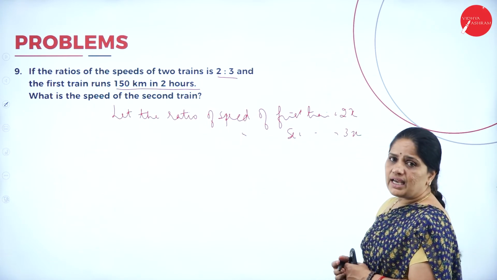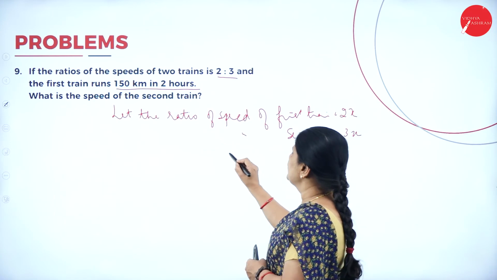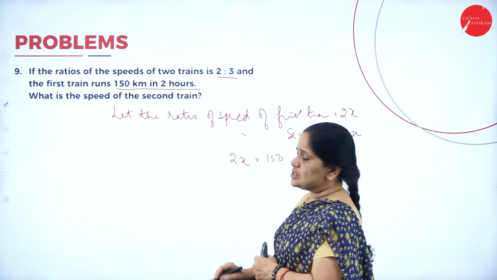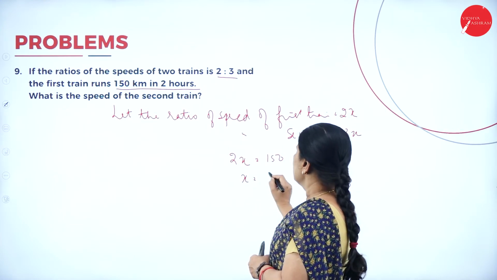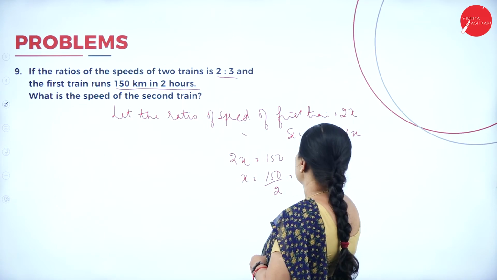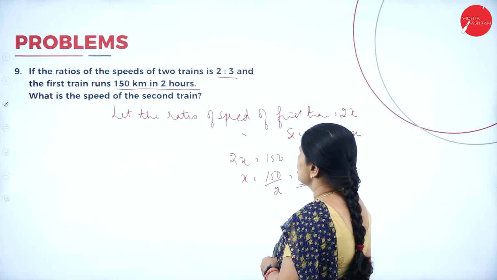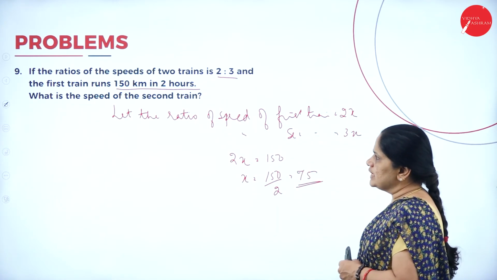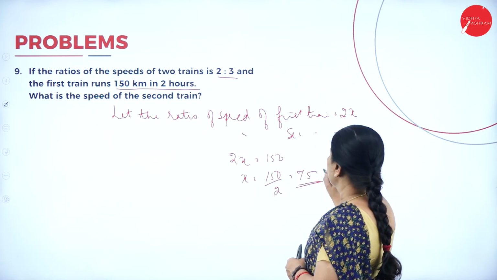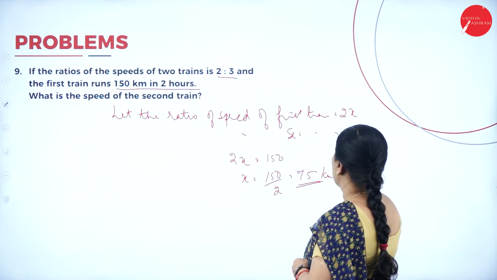Now what they have given, the speed 2x is 150. So we get 150 by 2, so x equals 75. The speed of the first train is 75 kilometers per hour.